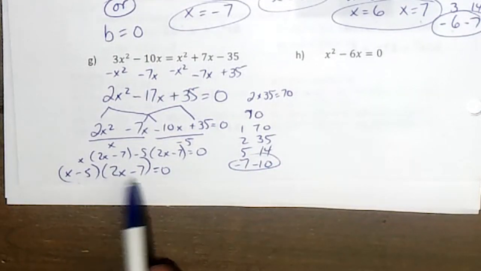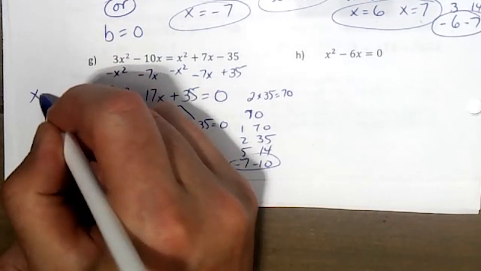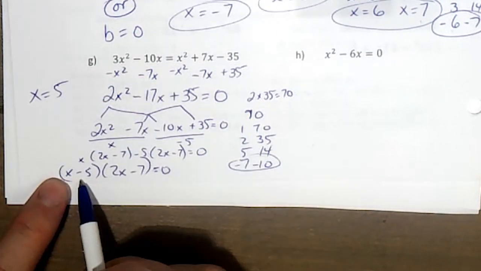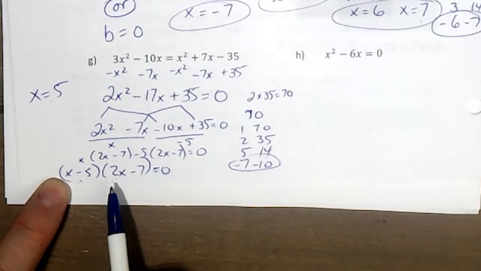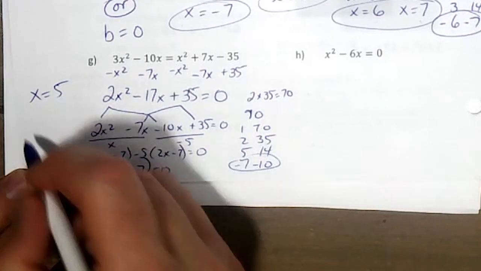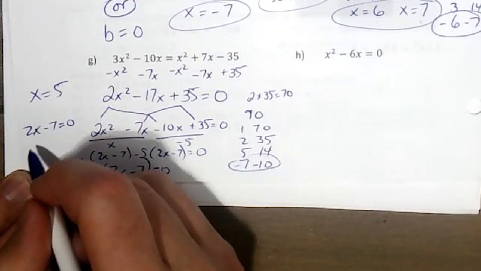Okay, so we get the two factors. This one's nice and easy. It's going to be x equals 5. Remember, it's minus 5 here, but we flip it over. This one has the constant. We have to do the extra work. I'm going to move the 7 over. It becomes positive.